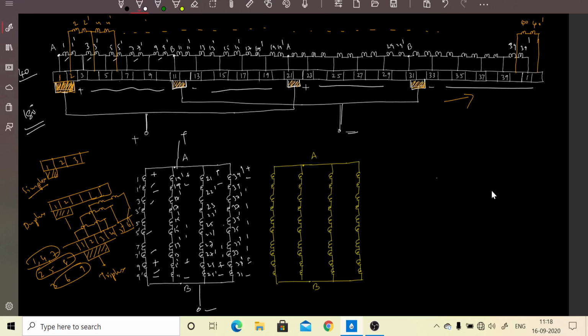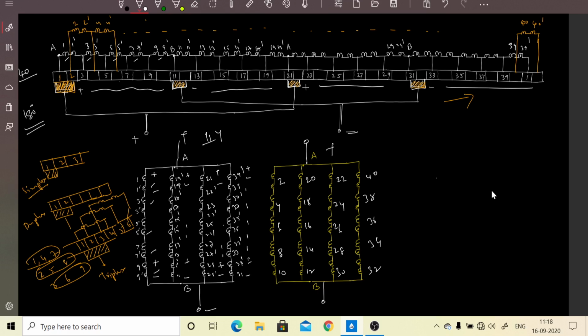Okay, so there are 4 parallel paths in one winding. Similarly, we can also draw the other winding, with 4 parallel paths in the other winding, right? This will be 2, 4, 6, 8, 10, 12, 14, 16, 18, 20, 22, 24, 26, 28, 30, 32, 34, 36, 38 and 40.